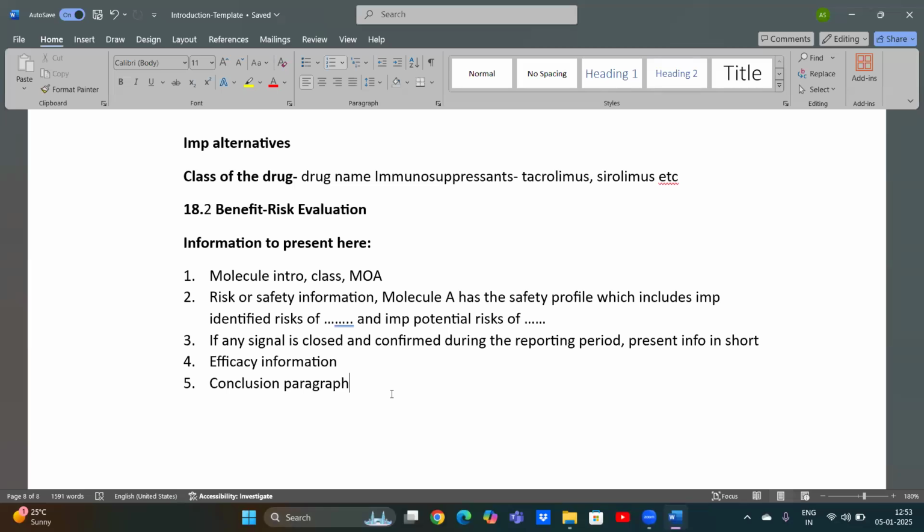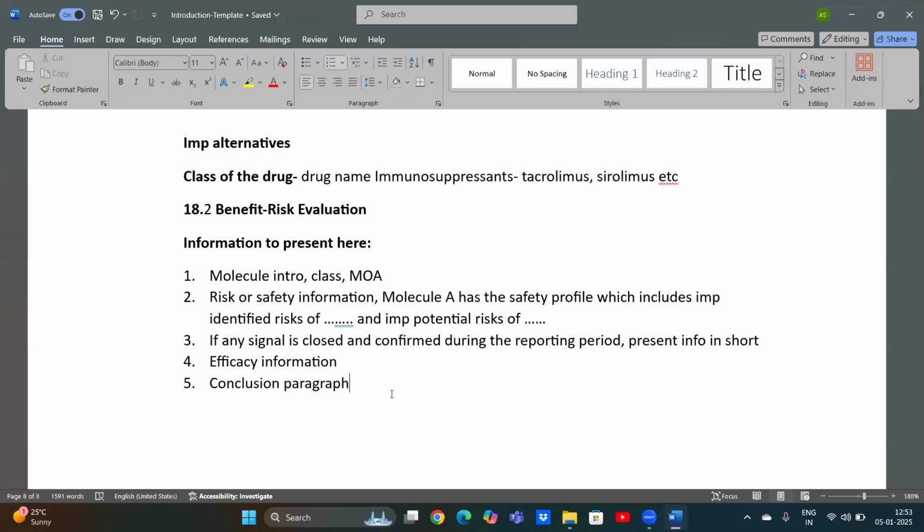That's why we are concluding with the standard statement that based on the analysis of all the safety and benefit information, there is no change in the current benefit risk profile of the molecule. Don't think about how you are writing it; you have presented everything in all the above sections, based on which you are writing these conclusions.